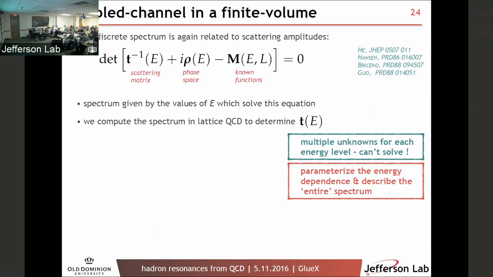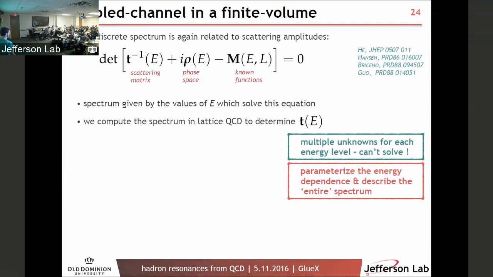And this is what it looks like. It's slightly complicated, but you don't need to know the details of this except to say that this is the condition that determines the finite volume spectrum. And what has it got in it? This is the scattering matrix. So this is all the information there is about scattering in whatever channels are open as a function of energy.